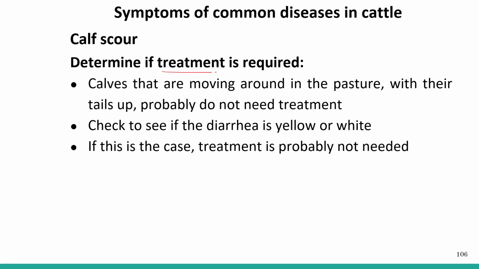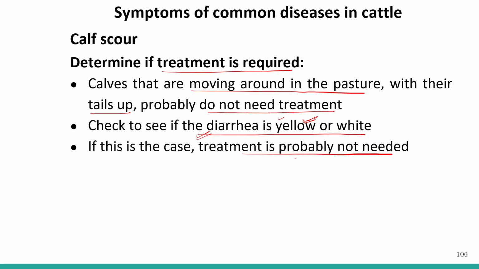Determine if treatment is required. The calves that are moving around in the pasture with their tail up probably do not need treatment. Check to see if the diarrhea is yellow or white. So there must be a clinical diagnosis for this, of what type of diarrhea it is, whether it is yellow or white. If this is the case, the treatment is probably not needed.